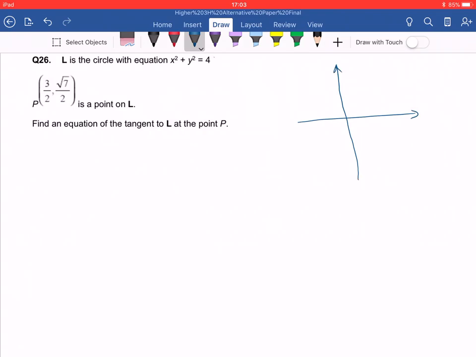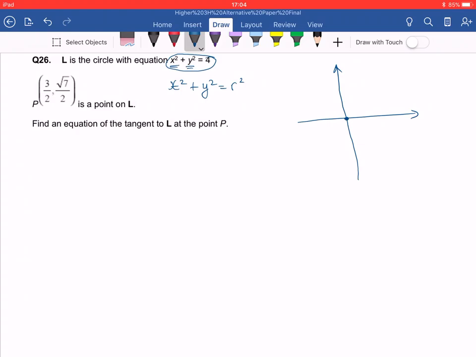From the equation of this circle, because the x squared and the y squared are just on their own, not with any other number, I know that this circle has its center at the origin. And if I remember the general formula of the equation of a circle with the center at the origin, that's going to be equal to r squared.